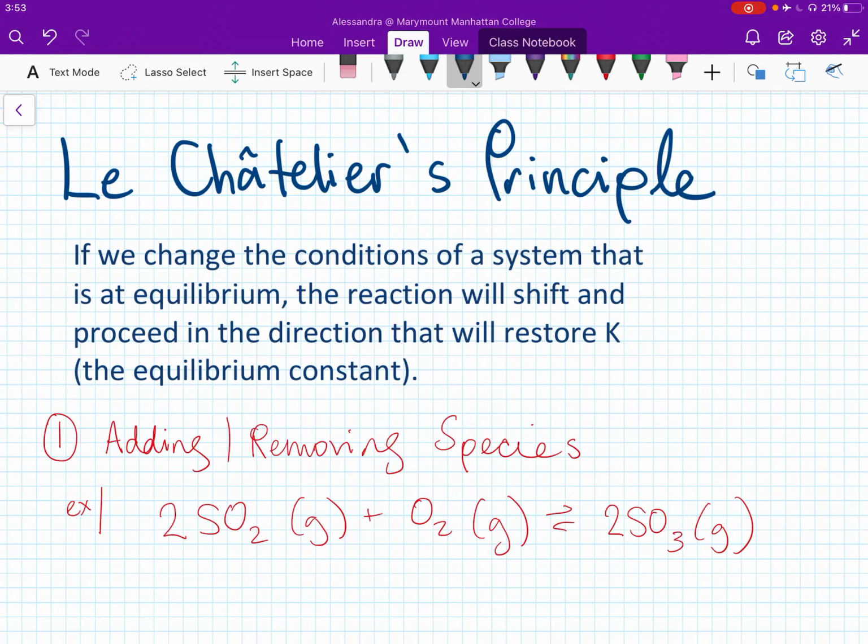All right, now let's talk about Le Chatelier's principle. Le Chatelier's principle is a qualitative description of how equilibria change if a chemical reaction is altered in some way.